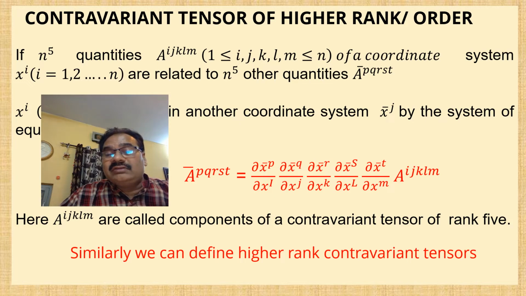This a power i j k l m is called the component of a contravariant tensor of rank 5.